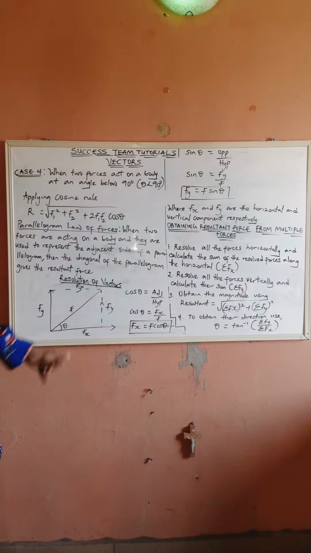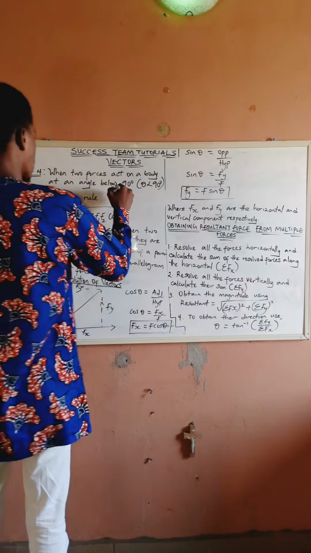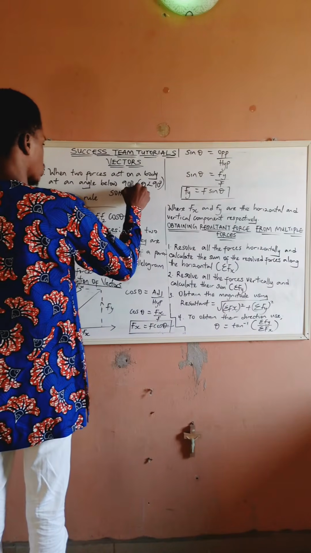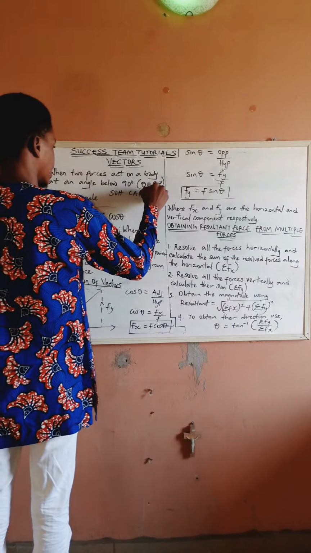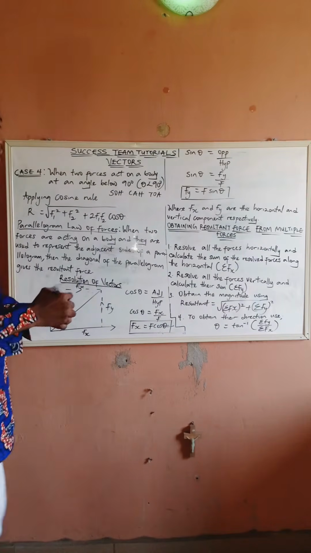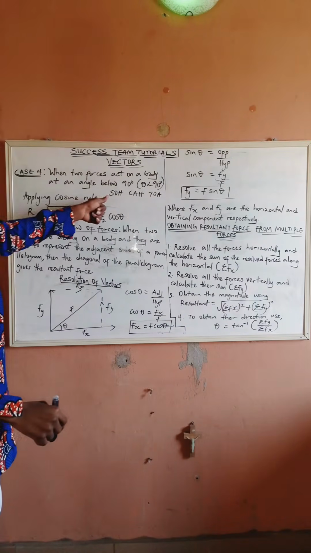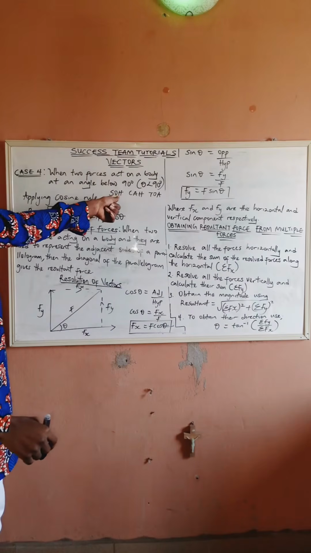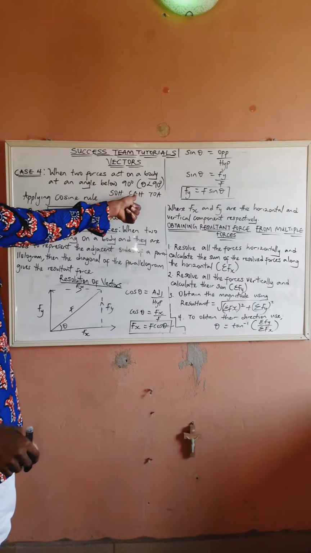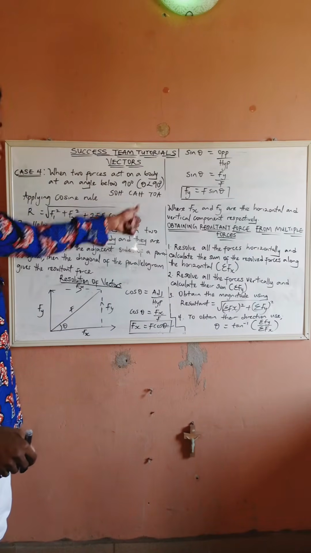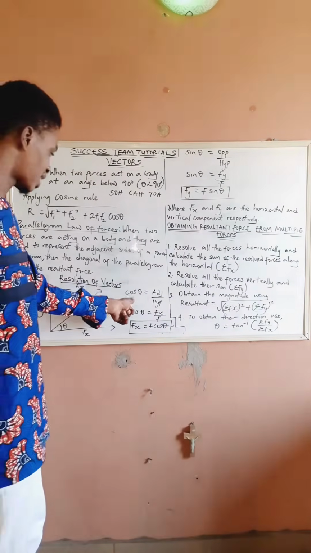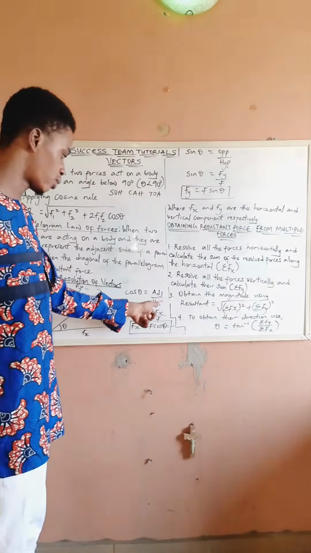So now if this is the angle, let's not forget SOHCAHTOA. Now, what is SOHCAHTOA then? It means that sin theta is equal to what? Opposite over hypotenuse. Cos theta is equal to what? Adjacent over hypotenuse.